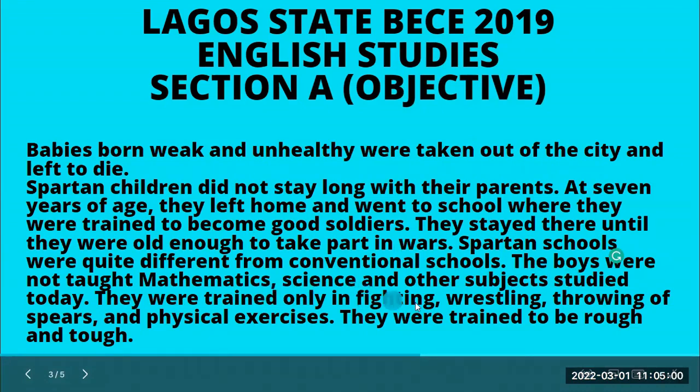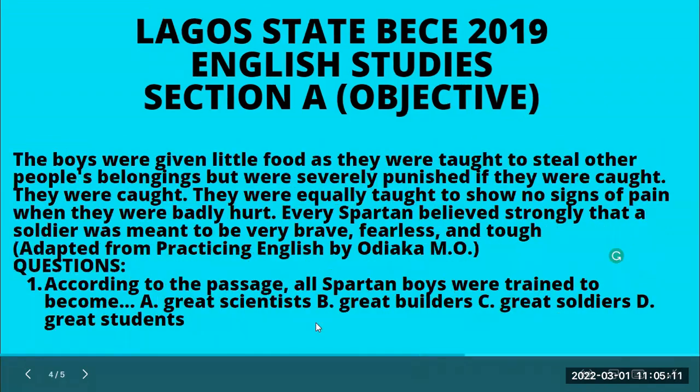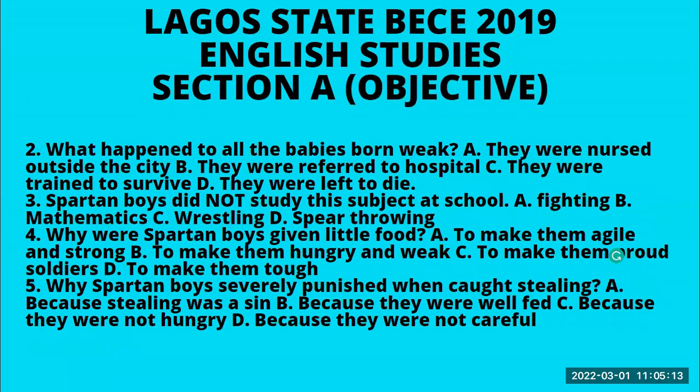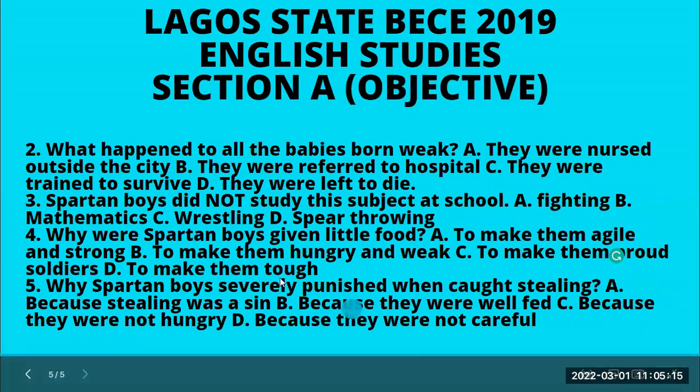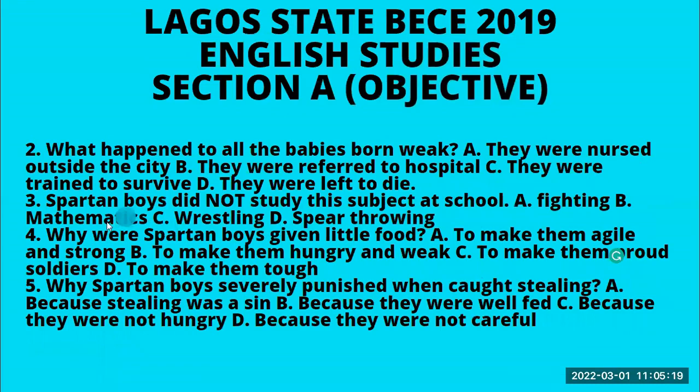They were trained only in fighting, wrestling, throwing of spears, and physical exercises. They were trained to be rough and tough. So that confirms the correct option that we have already chosen, and that is option B.